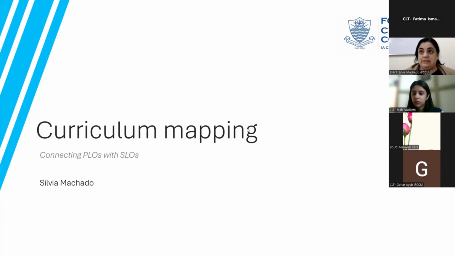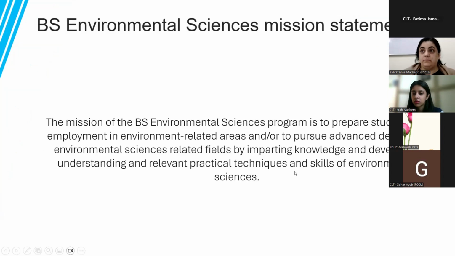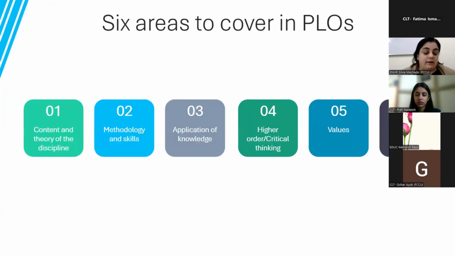This is translated into the program itself, and what we did for environmental sciences, we defined that for all the courses that we teach, we would make sure that we would try to integrate the 6 areas that need to be covered that were already discussed by Dr. Mevish: content and theory of the discipline, methodology and skills, application knowledge, higher order critical thinking, values and future.